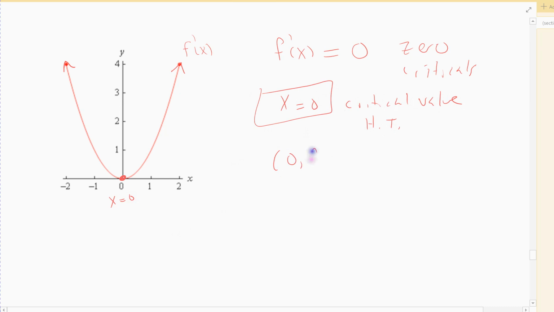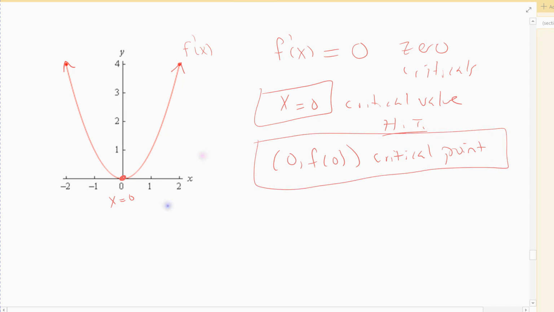So that means f of 0 should have a critical moment, specifically a horizontal tangent case, a stopping point. So I know my original graph should have a critical point at 0.